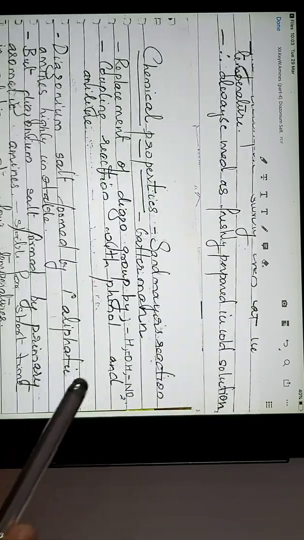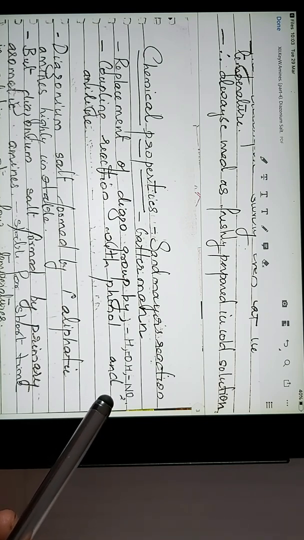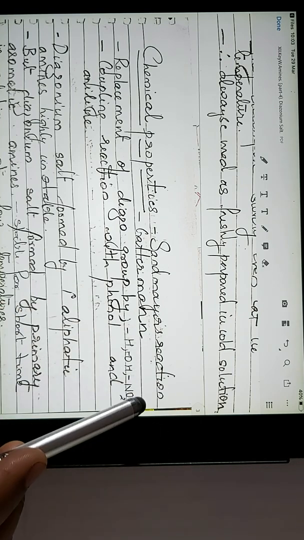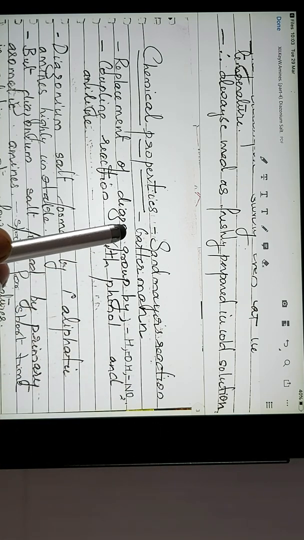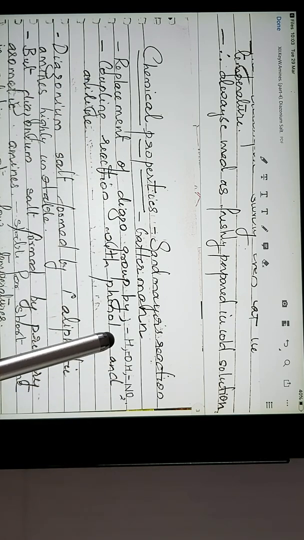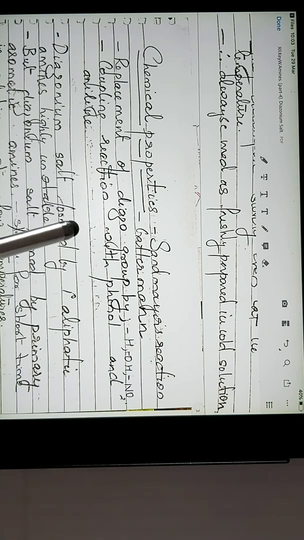Now we come to the next point, that is chemical properties, in which we need to go through certain specifically mentioned reactions. One, Sandmeyer's reaction. Another, Gattermann reaction. Then replacement of the diazo group by hydrogen, hydroxyl or nitro groups. Other than that, one more, the coupling reaction with phenol and aniline.